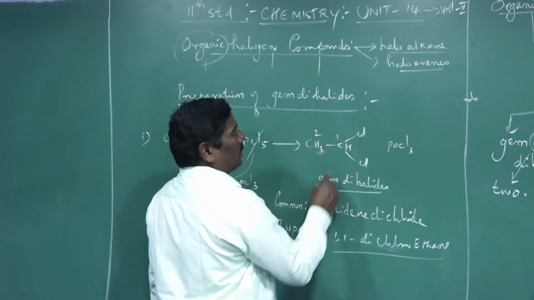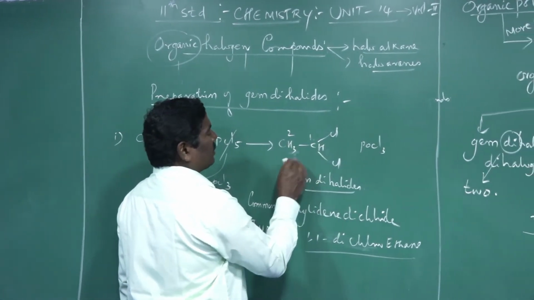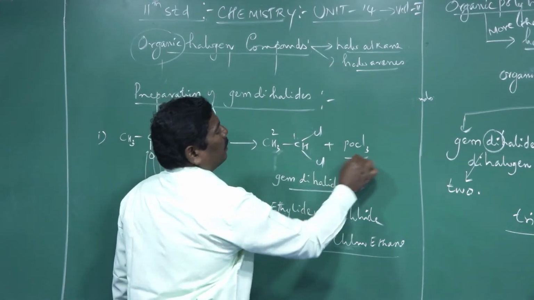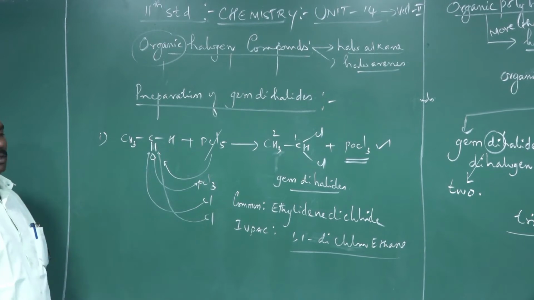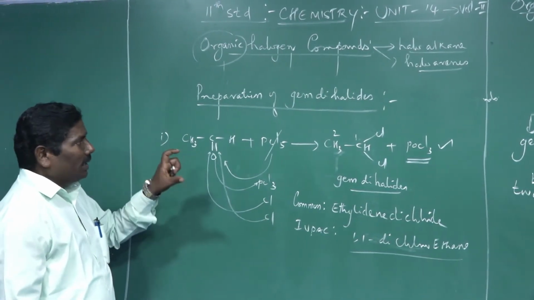Ethylidene chloride comes as the product, plus POCl3 is formed as a byproduct in this chemical reaction.